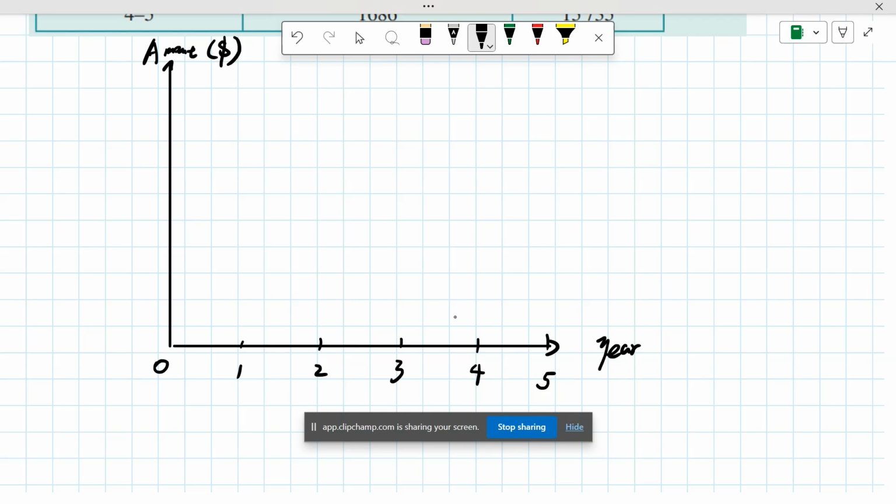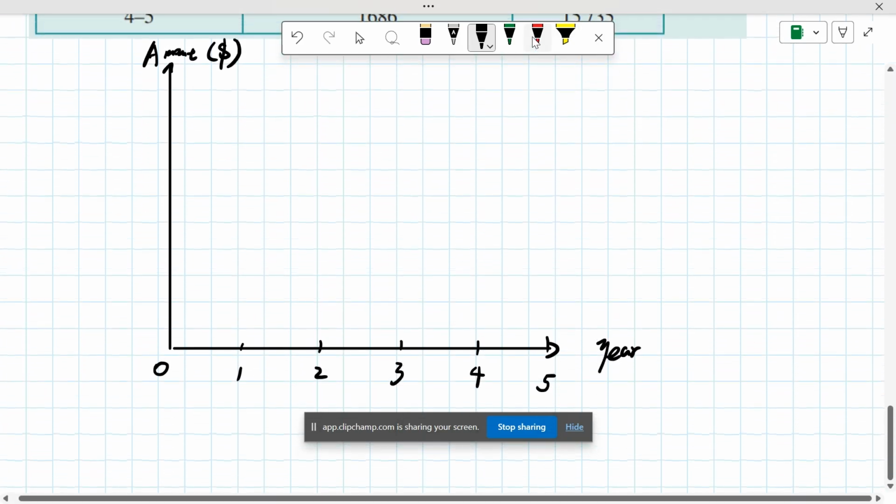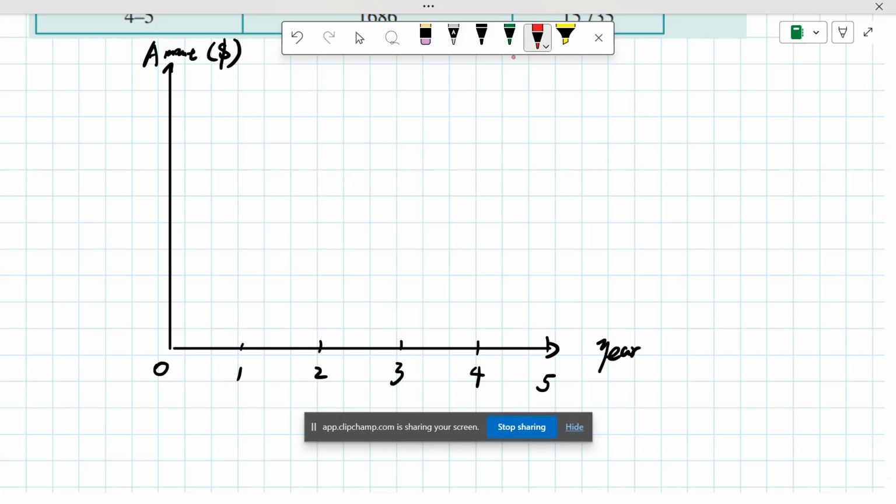The first year starts from $10,000, and then we go to the first year and put a dot, because that means the first year we invest. Now for the second year we go to 11,000, which is here, so from the first year to the second year is a horizontal line.